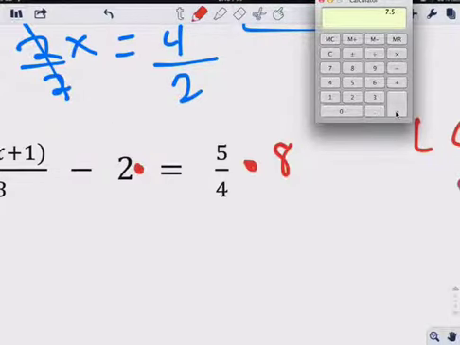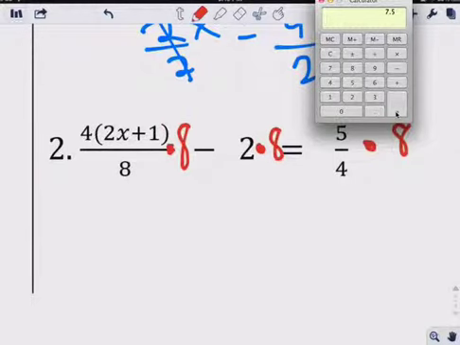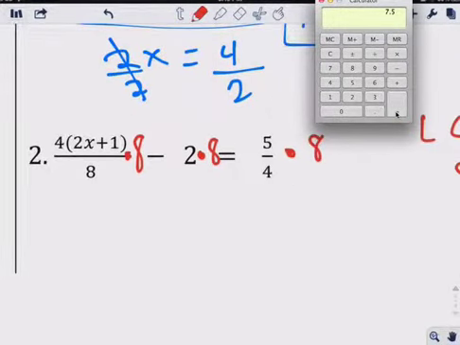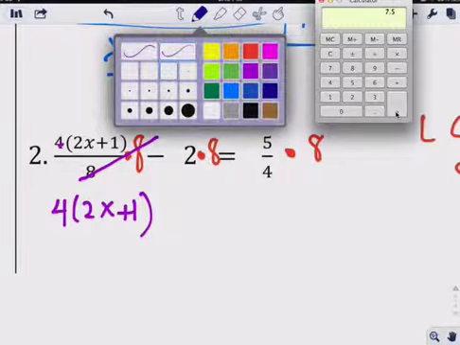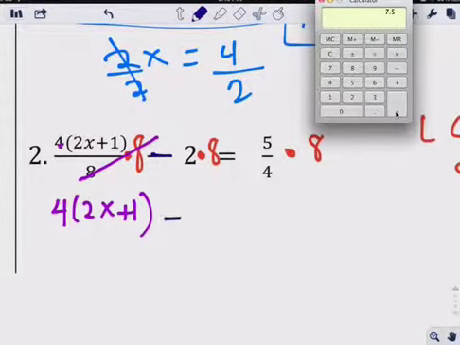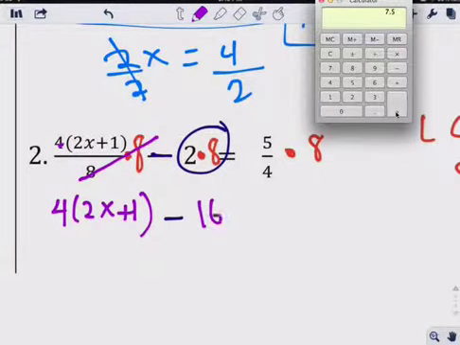Times this last term by 8. Cross cancel. That's a 1, and 1 times this 4 is still a 4. 4 parentheses 2x plus 1. Okay, bring down that minus, and these two will get you 16.